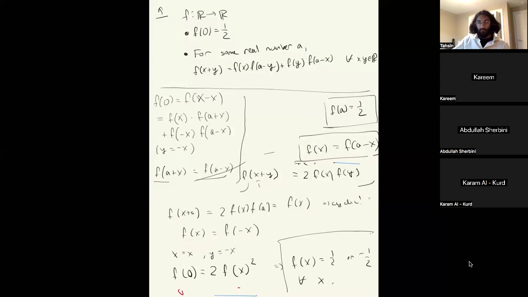So f of a minus x equals f of a minus x plus a, which is equal to... x? Or no? So the idea is it's periodic with period a, right? So maybe we can break this down a little bit.